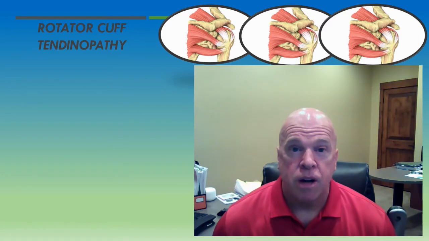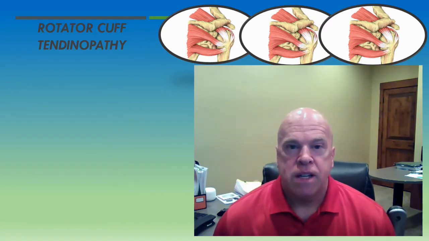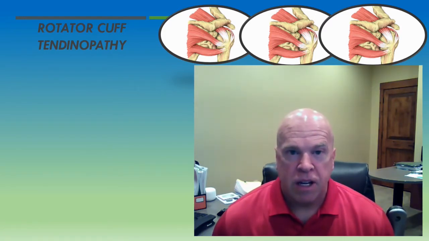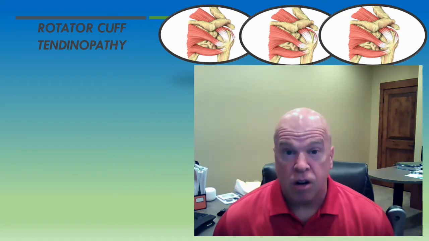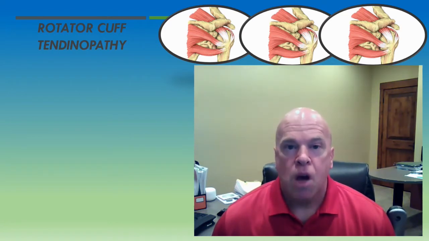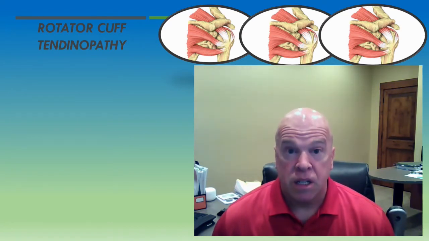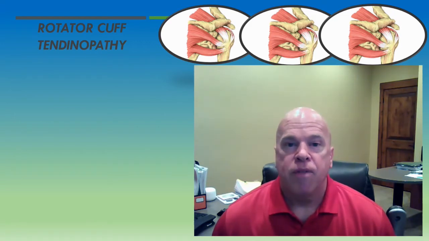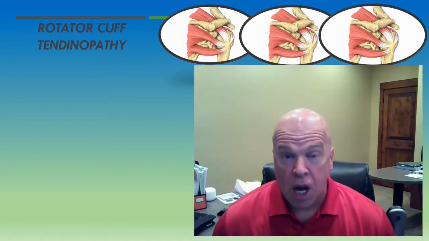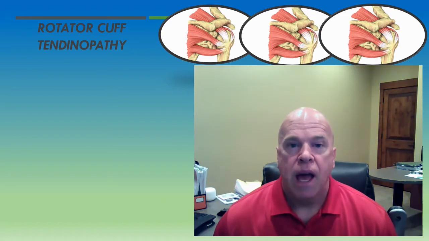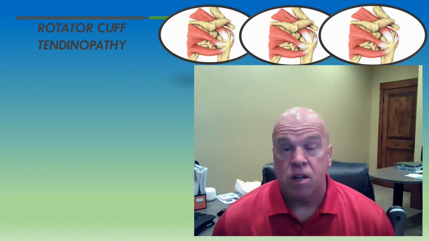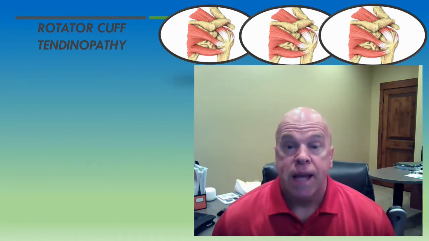Now, the rotator cuff tendons are not the only tendons in and around the shoulder area that can develop tendinopathy degenerative conditions, but the most common tendinopathy conditions of the shoulder are found in and around the rotator cuff, most particularly having to do with the supraspinatus and infraspinatus tendons.